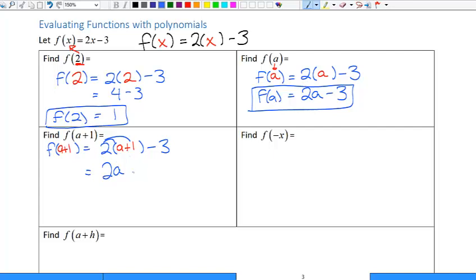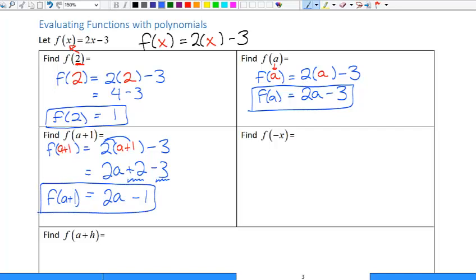We have 2a plus 2 minus 3. My like terms are the constants 2 minus 3. So when I add those together, I get negative 1. So therefore, f of a plus 1 is equal to 2a minus 1.